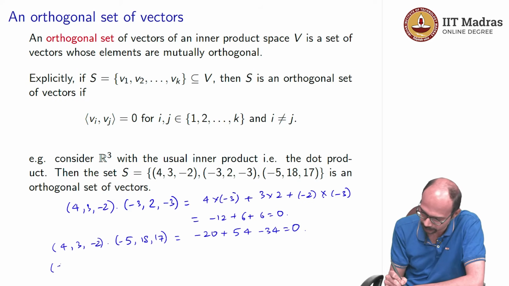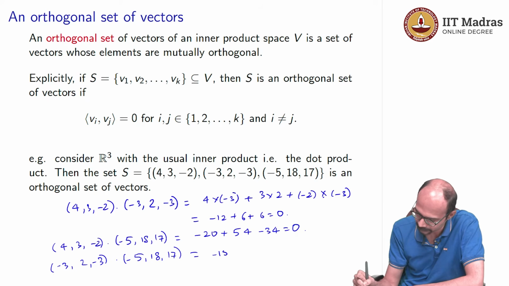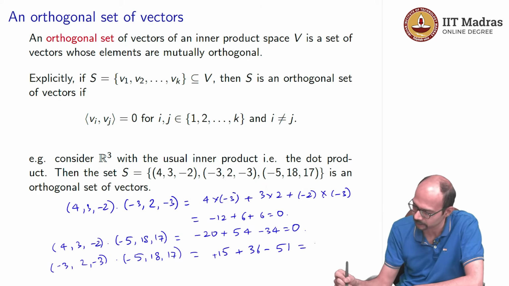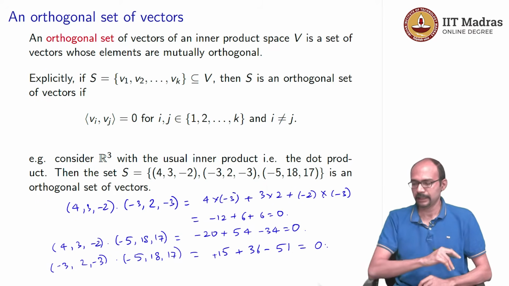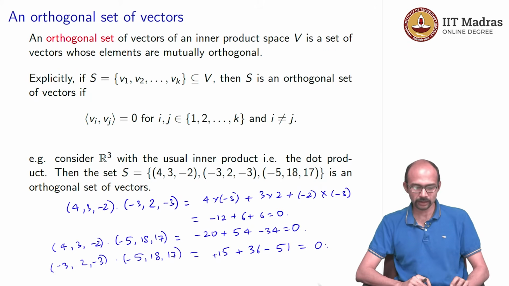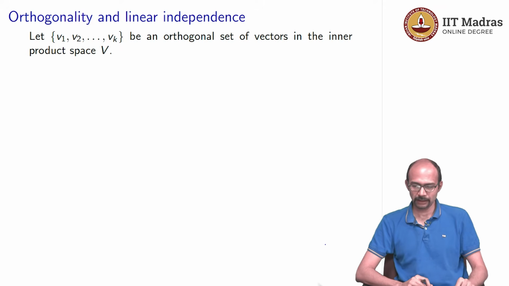And finally, if we do the second and the third one, then we get -15 plus 36 minus 51, and oh, have I made a mistake here? Sorry, this is plus 15 plus 36 minus 51, which is 0. So, these are indeed mutually orthogonal. So, this is an orthogonal set of vectors.